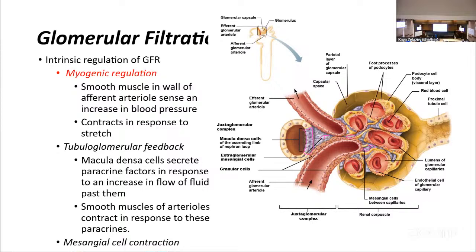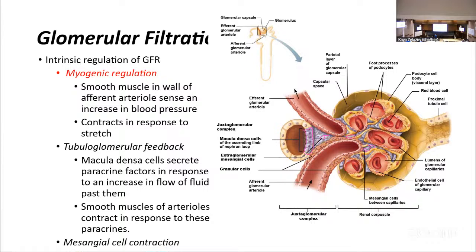They're also reacting to what's happening as we see glomerular filtration rate spiking. If we see it going up, they can contract. And since they're all in here, interspersed between those little loops of the glomerular capillaries, they can basically contract down and turn off parts of that glomerular capillary network.